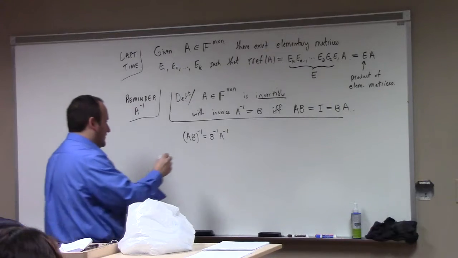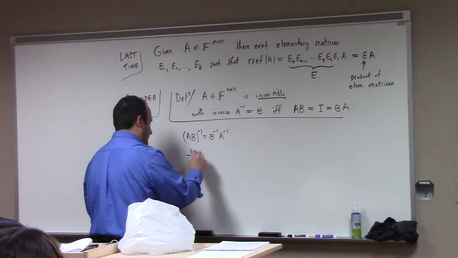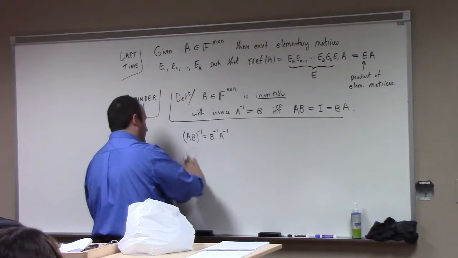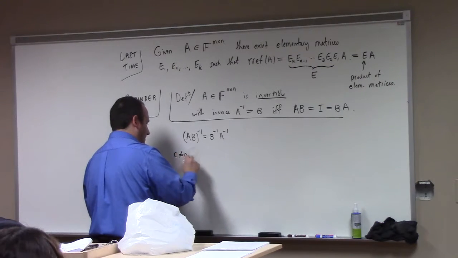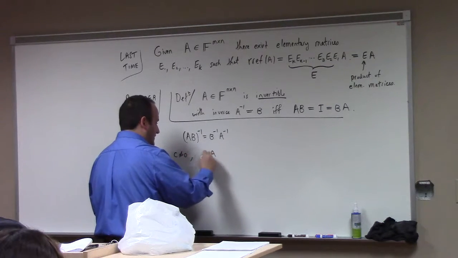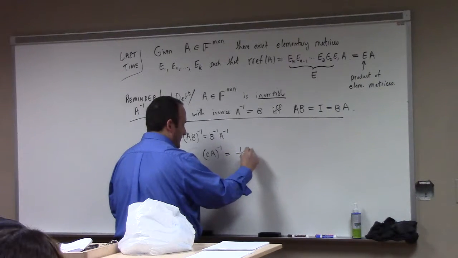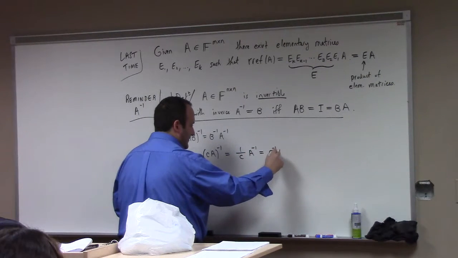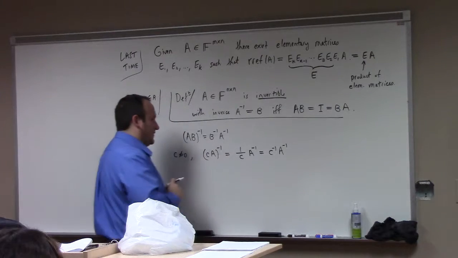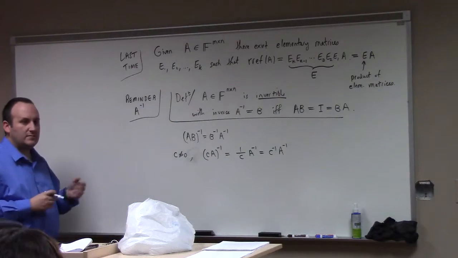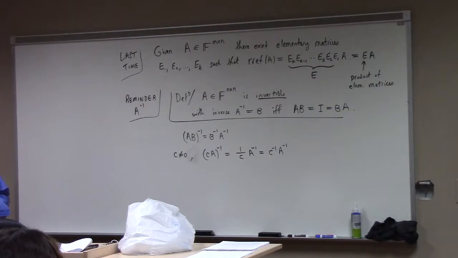I also mentioned that if we have a non-zero constant C, and A is invertible, then CA is also invertible, and the inverse is 1 over C times A inverse, or perhaps I should say C inverse times A inverse, with the understanding that C could be in Z mod a prime, so we'd have to understand the multiplicative inverse in the sense of calculation mod 5 or mod 7 or whatever.